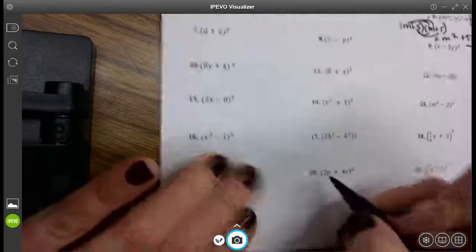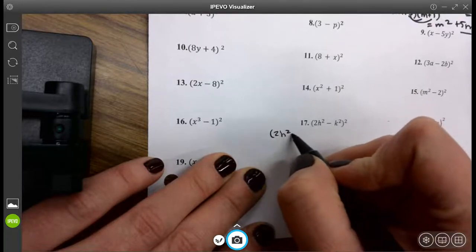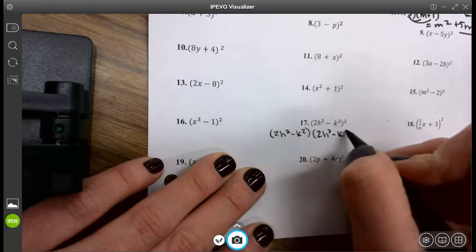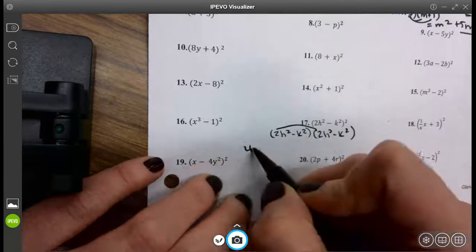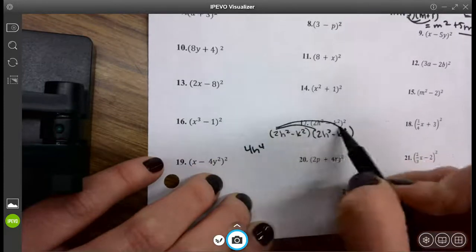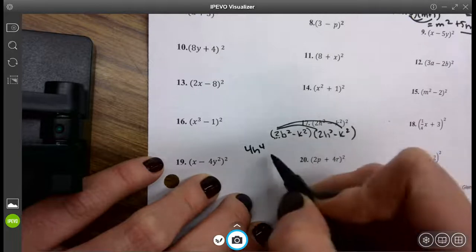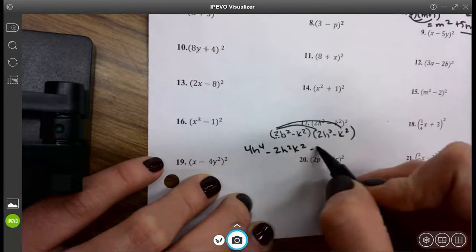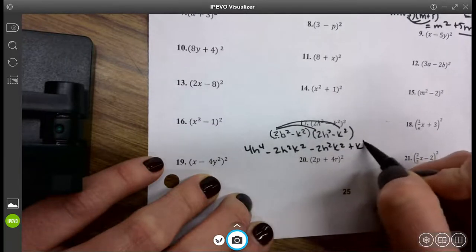Here it's going to be a little more complicated. You have 2h squared minus k squared, all squared, meaning it's the same thing twice. So you multiply the front, you get 4h to the fourth. Then you get 2h squared k squared, but it's negative, so careful. 2h squared k squared, but it's also negative here, and then plus k to the fourth.